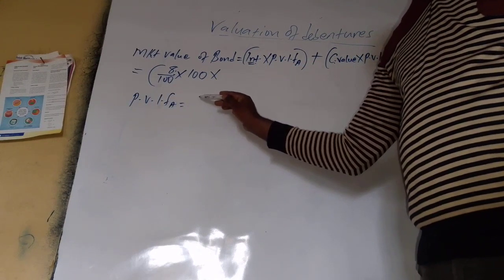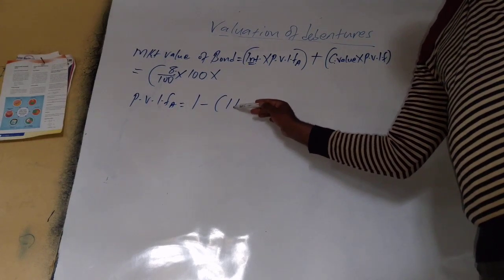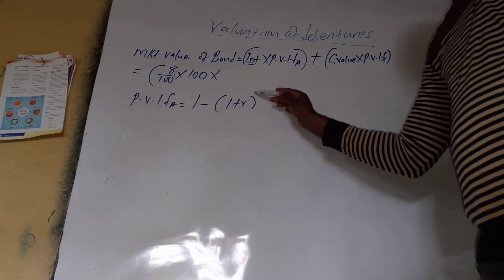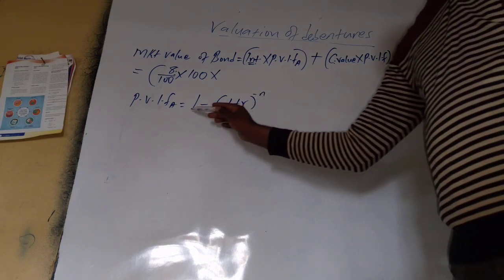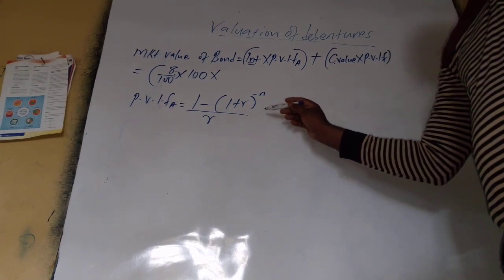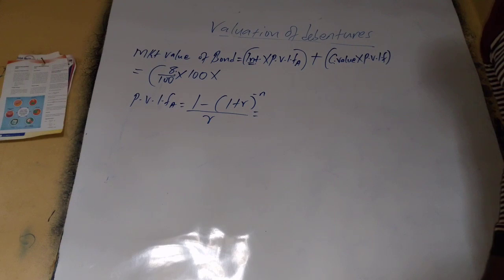This factor you can read from the table or you compute it using the formula. Present value interest factor is given by 1 minus into bracket 1 plus that rate or cost of capital power negative n, over the cost of capital. Let's do it.